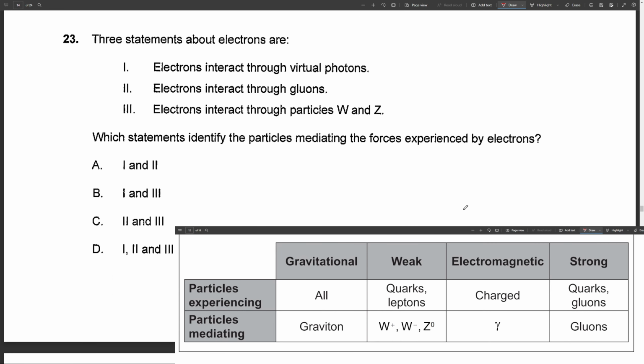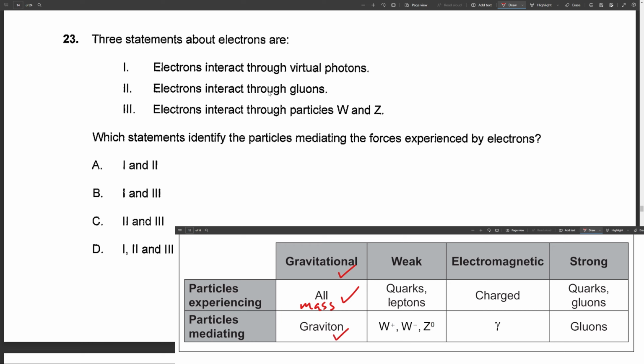In question 23, we are going to identify which type of fundamental interactions could electrons be experiencing. Let's take a look at what properties the electron carries. Firstly, it has mass. Because it has mass, it should experience gravitational interaction, and graviton could be interacting in it.